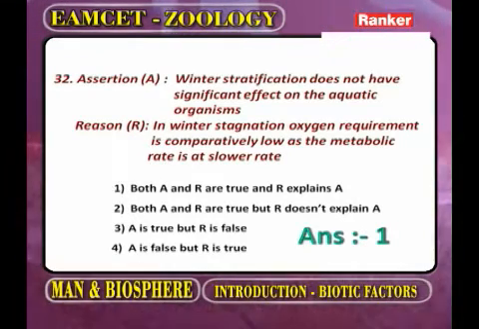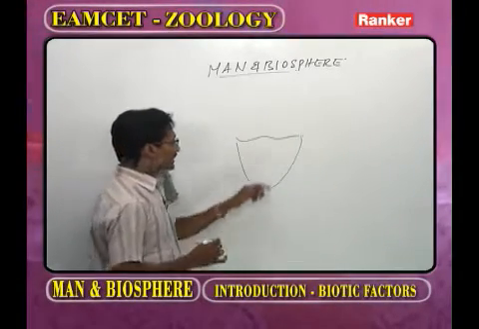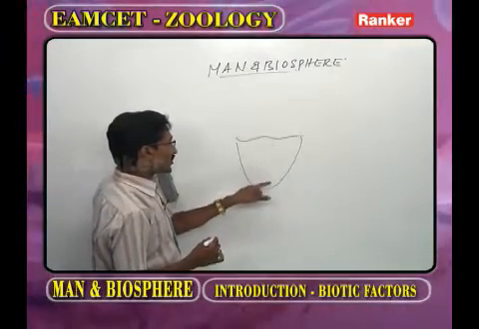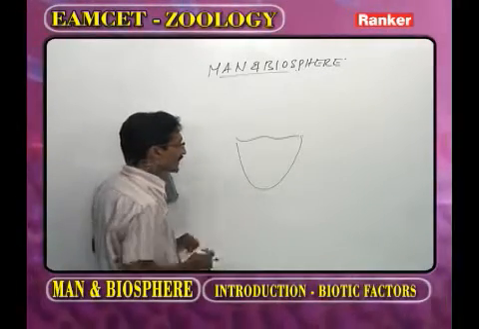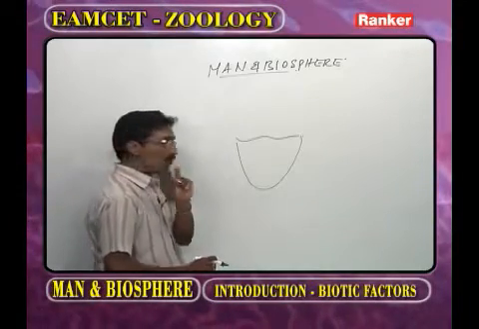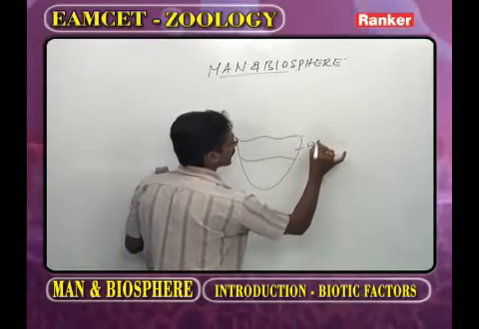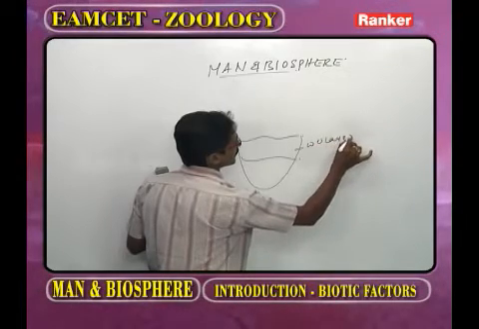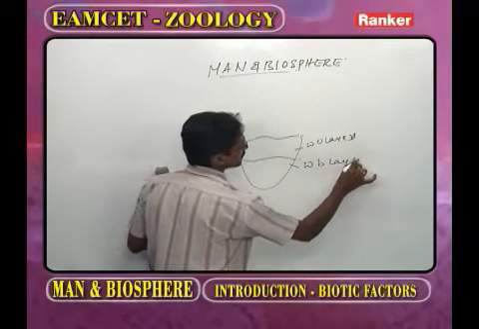Now, as we observe the winter stratification, this is a deep freshwater body in the temperate region. In the winter season, we explain only two layers: the water present in upper layers and the water present in bottom layers.